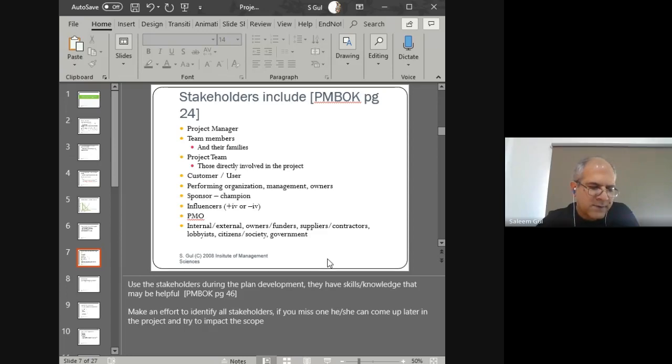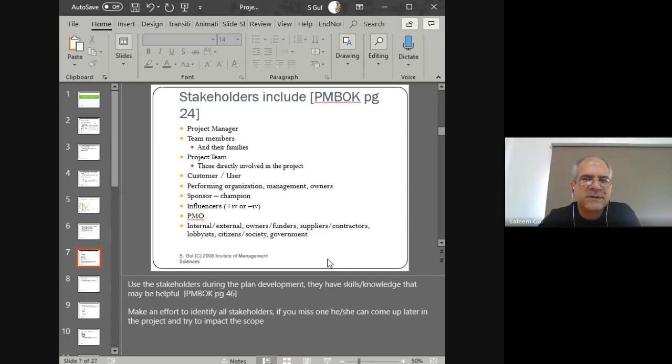Right? Interestingly enough, there's another category of stakeholders as well, which are called the silent stakeholders. An example of a silent stakeholder would be the environment, because the environment cannot speak for itself. So somebody has to take on the responsibility of speaking on behalf of that stakeholder.